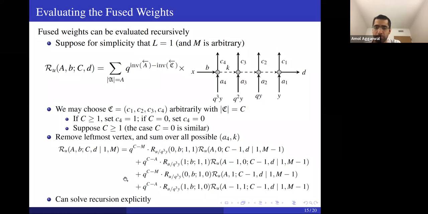Let me do 2 terms of the sum, and I'll hope that you believe me on the other 2 terms. This first term is if I'm setting A4 equal to 0 and K equal to 1.